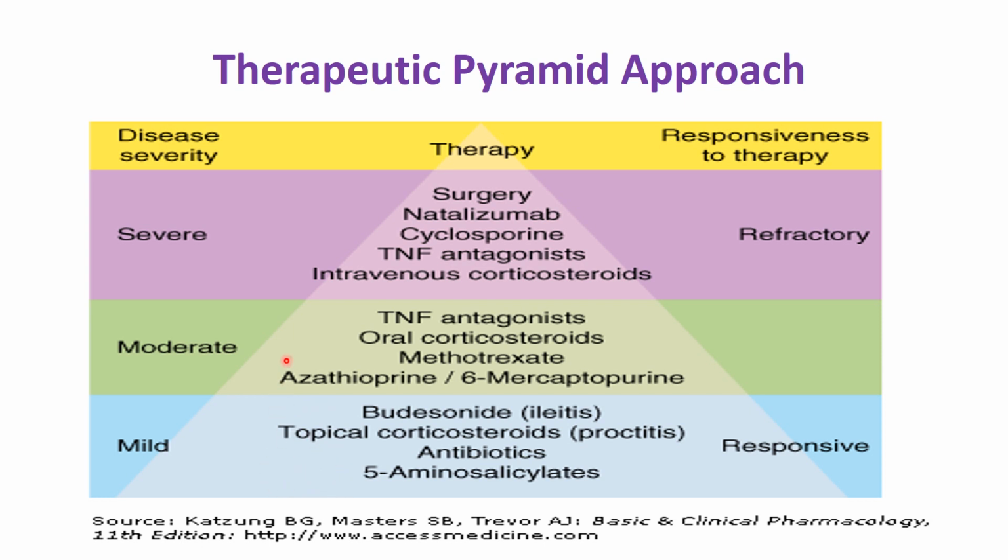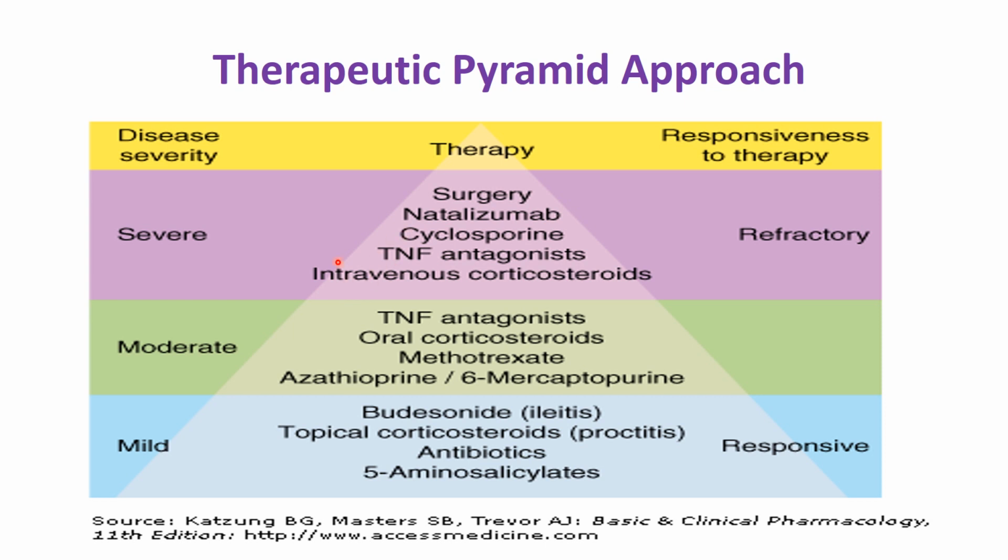When the disease is moderate, we go for oral drugs: oral corticosteroids, TNF alpha antagonist, methotrexate, azathioprine, 6-mercaptopurine. Even though these are effective drugs, they all have higher chances for adverse reactions and morbidities associated with each group.